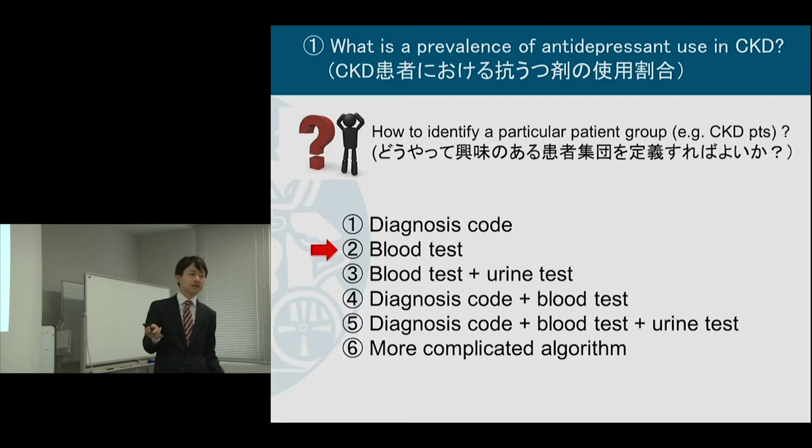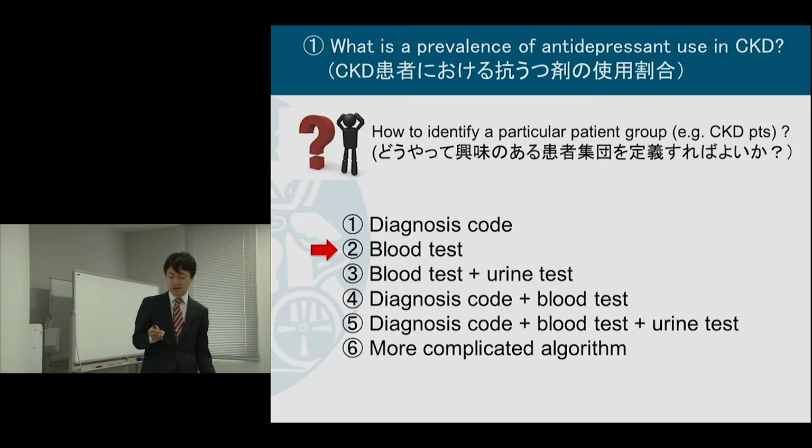But I found that the testing rate of proteinuria was less than 20% in the UK general population by primary care physicians. And another difficulty was there was no way to differentiate proteinuria by infection and proteinuria by kidney disease. So urine test may be conducted at the time of urinary tract infection. So there could be misclassification of proteinuria status. So considering the possibility of misclassification and missing data, I decided not to use urine test for my research.